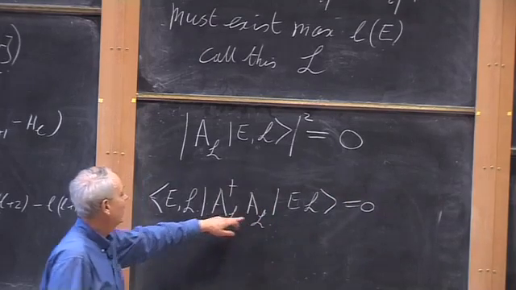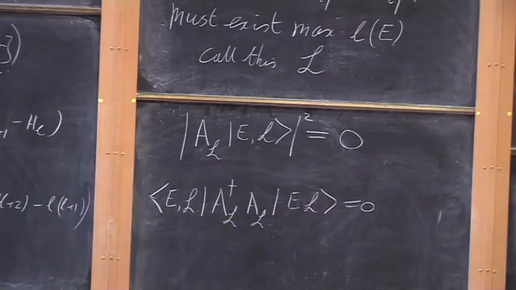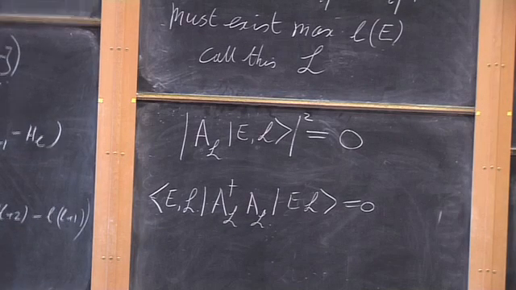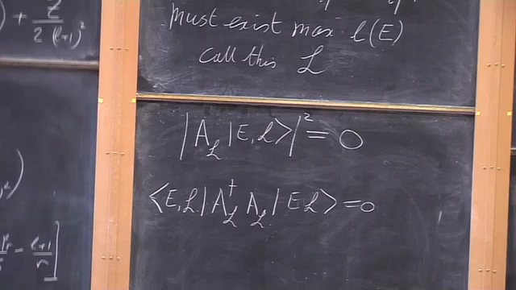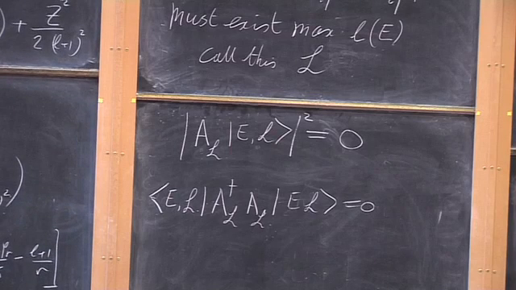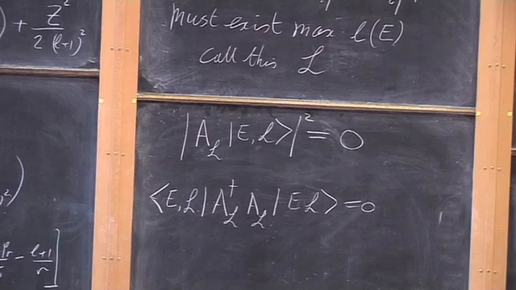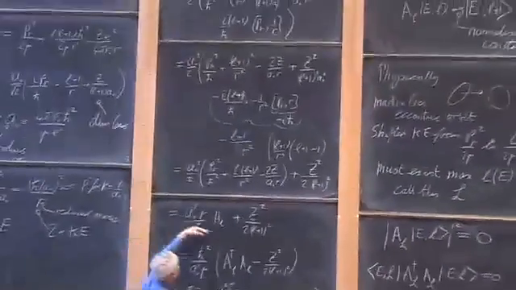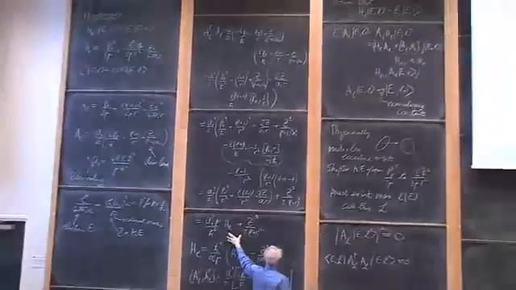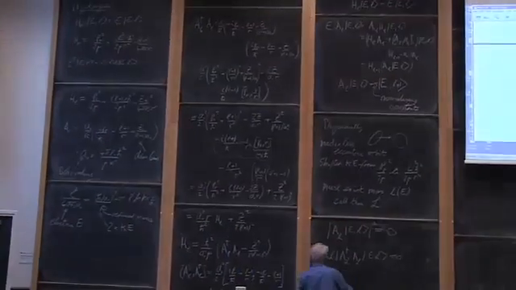Where have we seen A dagger A before? I think we must have seen it in the Hamiltonian. We need to replace that by the Hamiltonian times some horrible factors. All right, so we already have it here. So A dagger A comes right down to this line here. So this line here can replace the A dagger A in here.